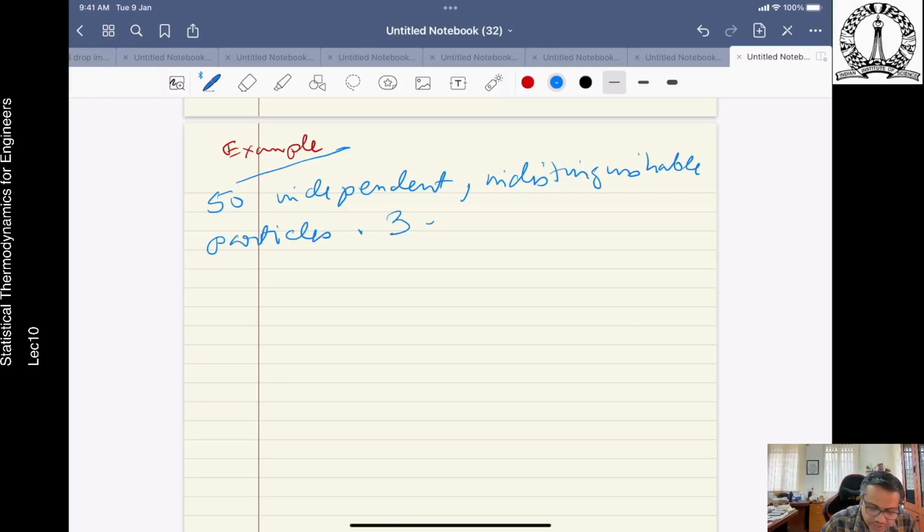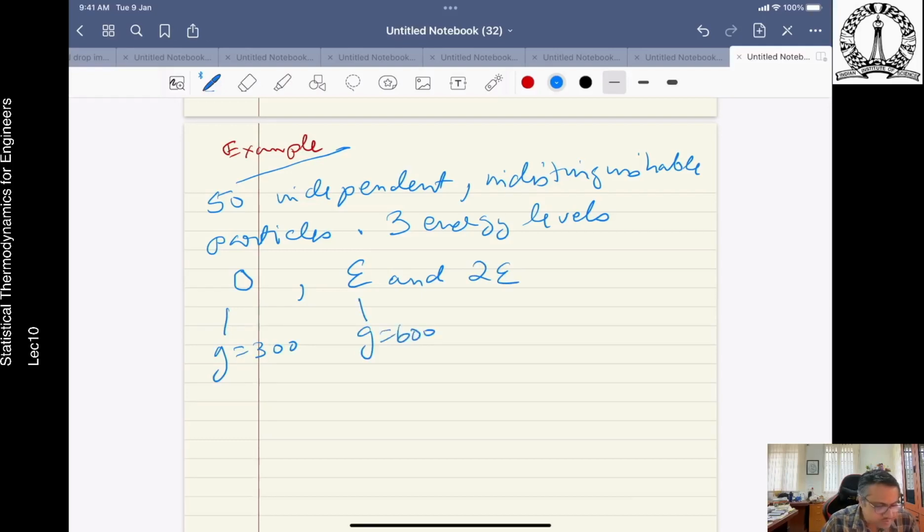There are 3 energy levels: 0, E, and 2E. The degeneracy of the first level is 300, the degeneracy of the second level is 600, and the degeneracy of the third energy level is 1200.